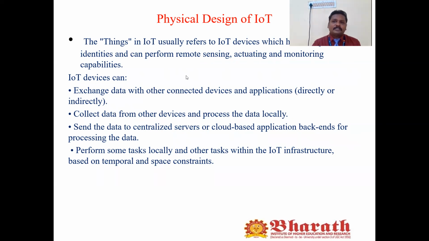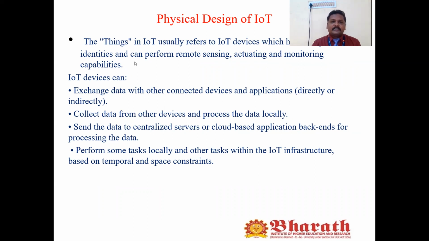Before we go to the physical design of IoT, we just need to recall what IoT is, which we already know. IoT devices can perform remote sensing, actuating, and monitoring capabilities.